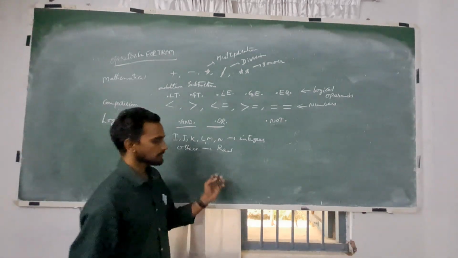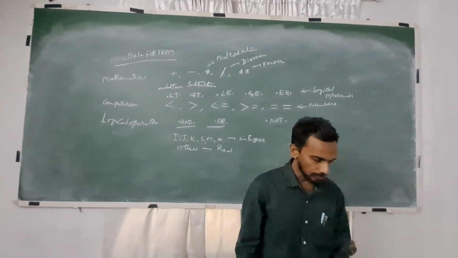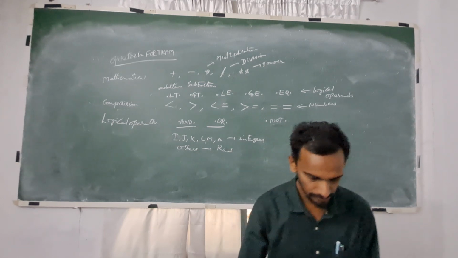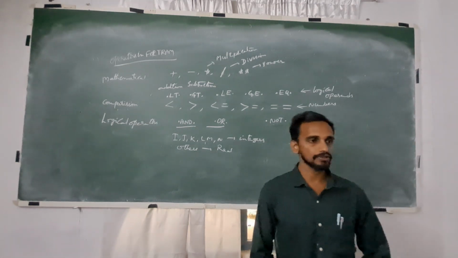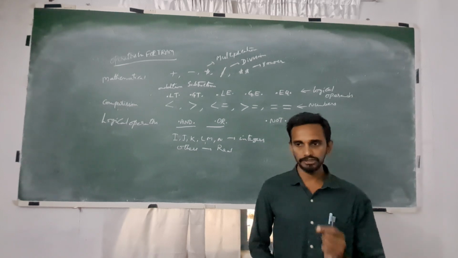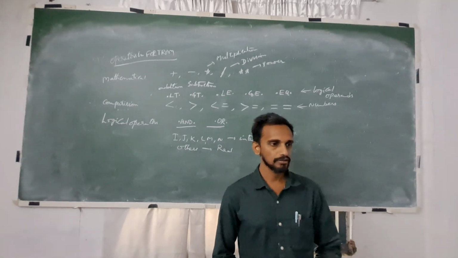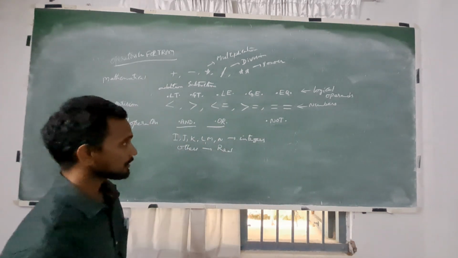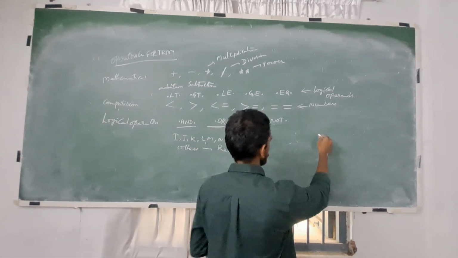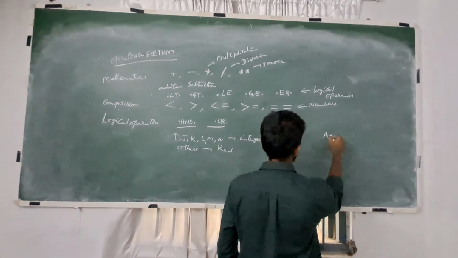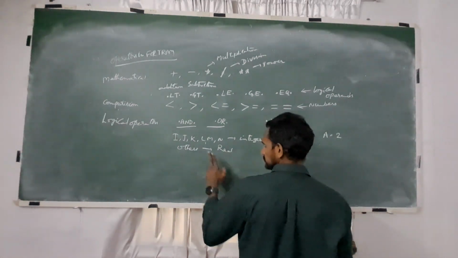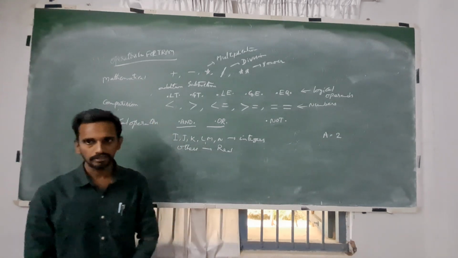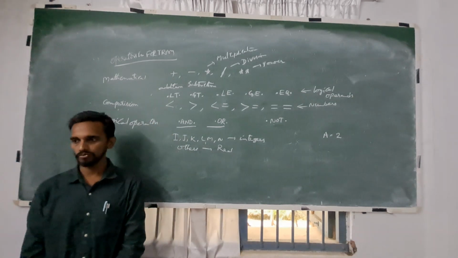So what happens in that case, we need to see. In mathematical operations, integers are represented without decimal points, and if you put a decimal point next to a number, it is considered a real number. So now let's say a is equal to 2. It will be considered a real number even if I don't write 2 point.